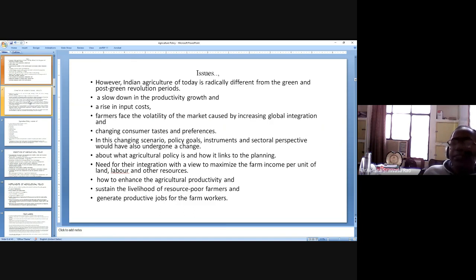Changing consumer tastes and preferences, as you all know very well, are a major driving force behind any product's demand. What are the consumers' tastes and preferences, and how are consumers changing their tastes and preferences over a period of time to purchase and utilize the agriculture products which are available in the market?